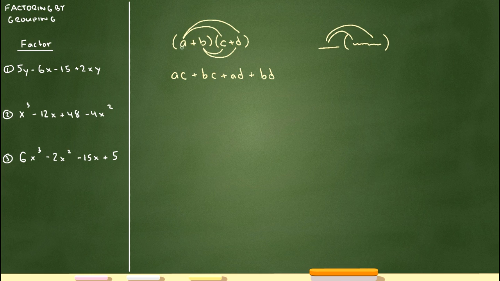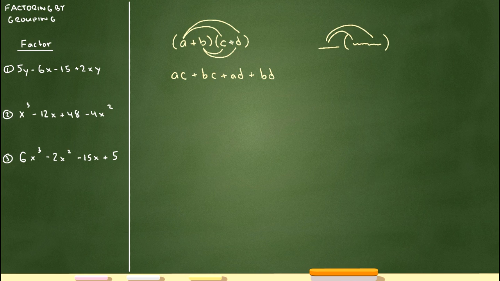You could think about this as the same way. This A plus B is distributed to the C, which will give us the AC and the BC. And then this A plus B is distributed to the D, which gives us AD and BD. So it's the same type of concept, although it looks a little bit different.